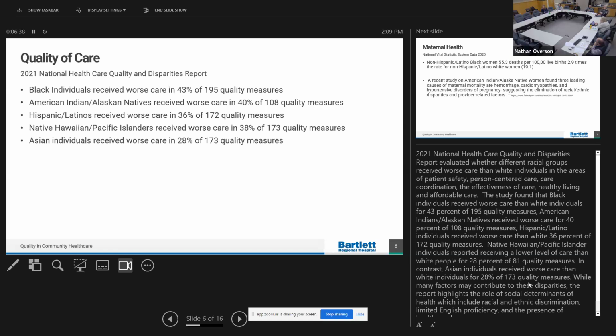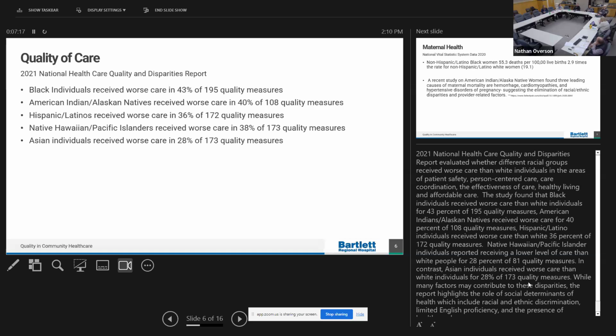There were 195 different quality measures. Looking at it at a national level, social determinants of health are affecting it, and limited language and other social determinants are probably affecting the quality of care.